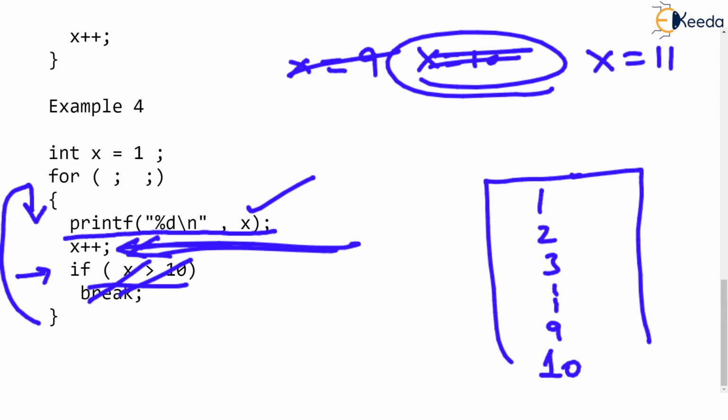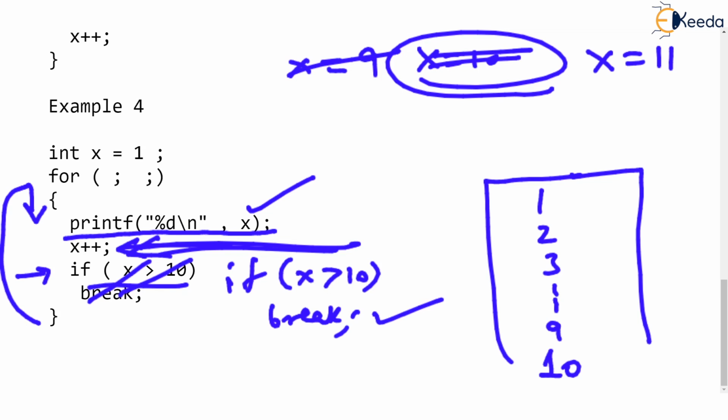What now comes is this condition: if x greater than 10, then break becomes true because the value of x now is 11. 11 greater than 10 is true, so break occurs. And whenever break occurs, control literally is thrown out of the for loop. So the next line runs, whichever line you have written after the for will run.